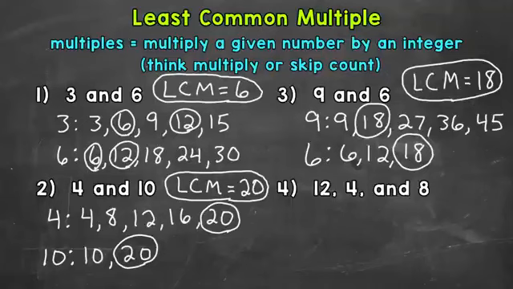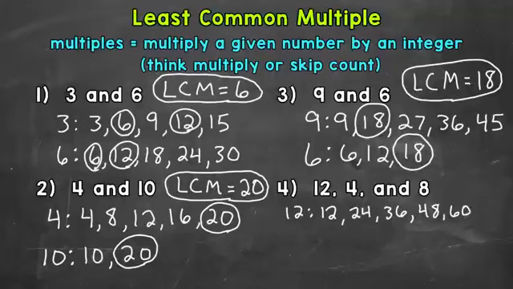Let's move on to number 4, where we have 12, 4, and 8. So we have three numbers, and we need to find the least common multiple between all three. Let's start with some multiples of 12. So 12, 24, 36, 48, and 60.